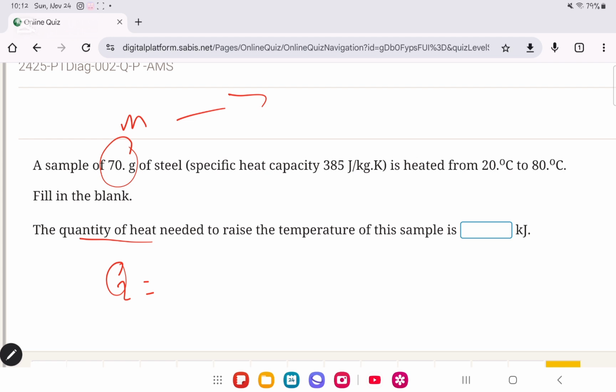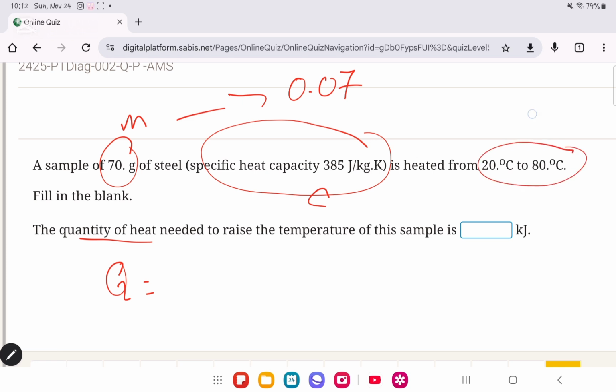So 70 grams divided by 1,000, you are going to get 0.07. We have the mass. We have the specific heat capacity, which is C. We also have the change in temperature, which is 80 minus 20, which is 60. So delta T equals 60.